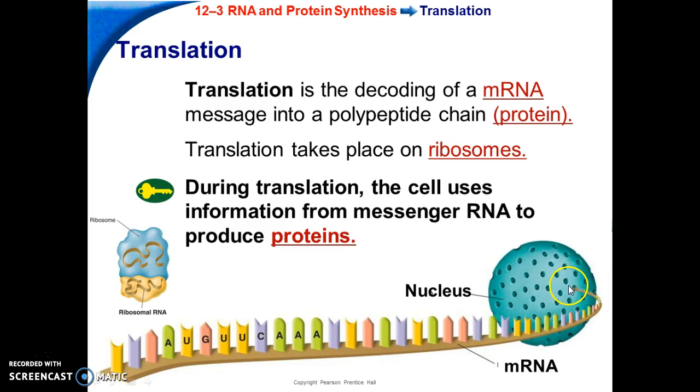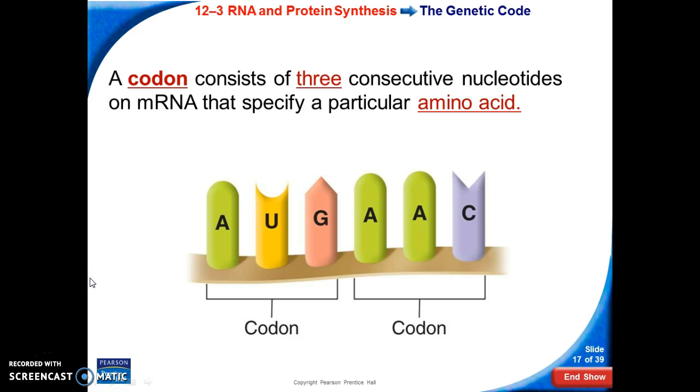It's showing you how messenger RNA is leaving the nucleus and moving to the ribosome to begin making these polypeptide chains. A codon consists of 3 consecutive nucleotides on messenger RNA that specify for a particular amino acid. So every 3 nucleotides on mRNA make up a codon. AUG is a codon, AAC is a codon.